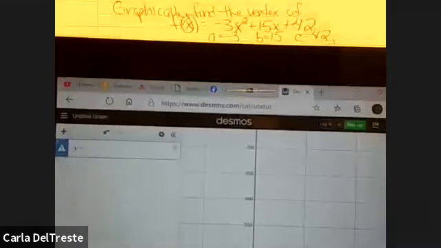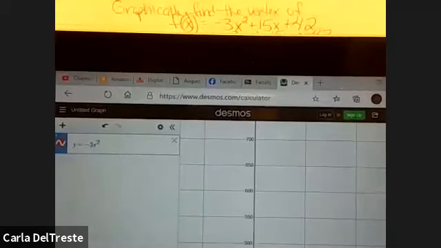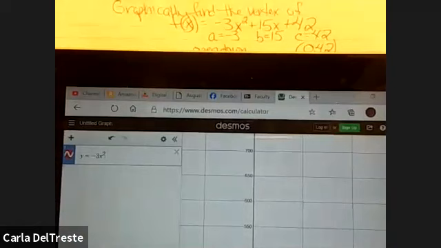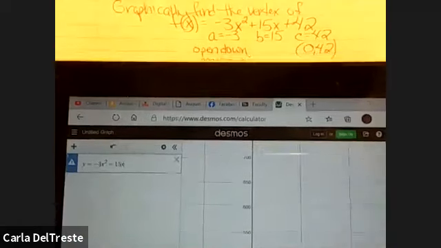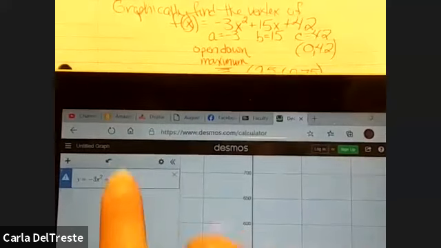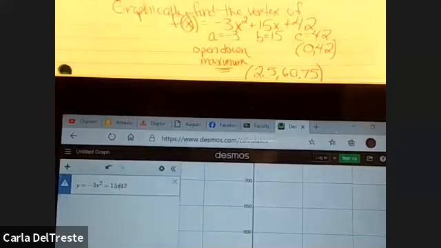So negative 3x squared plus 15x plus 42. Okay, oops. I'm not getting pluses. 15x.